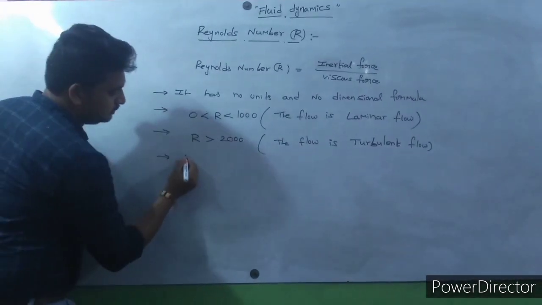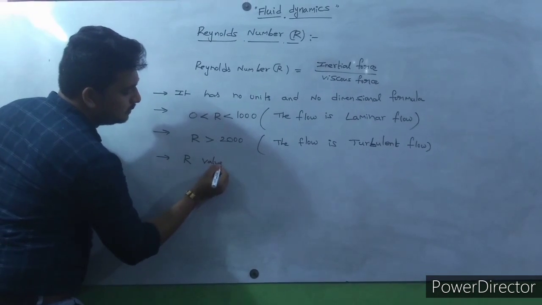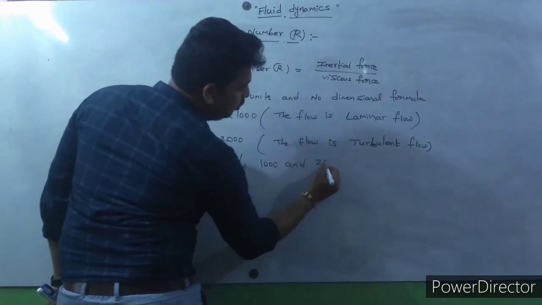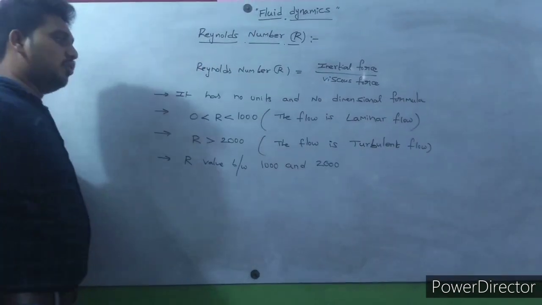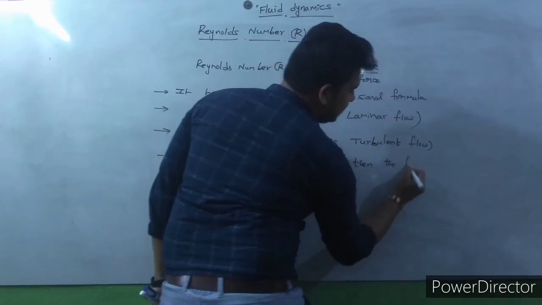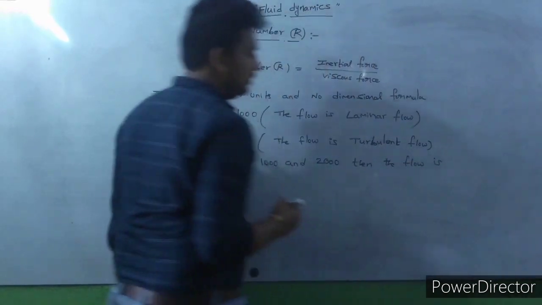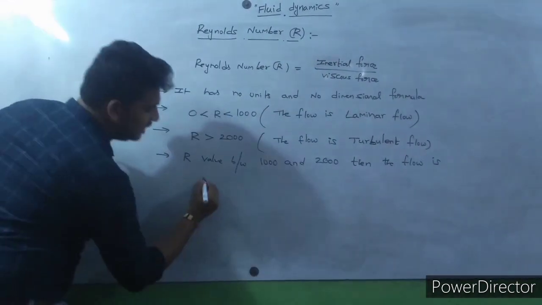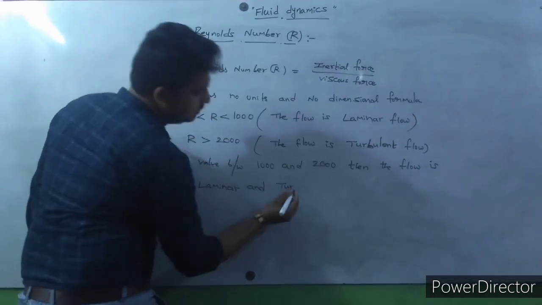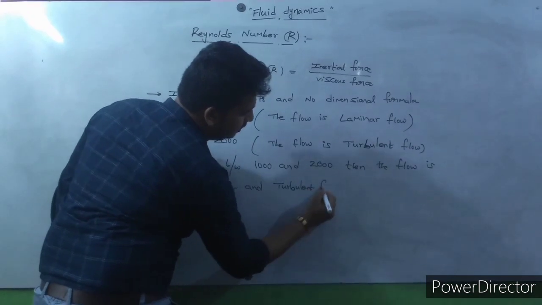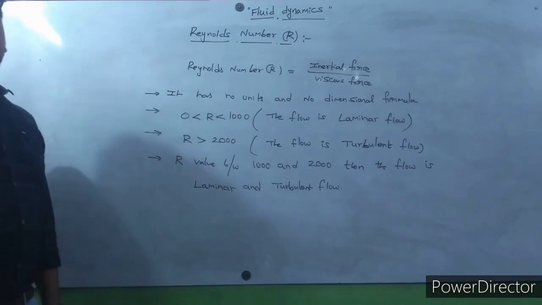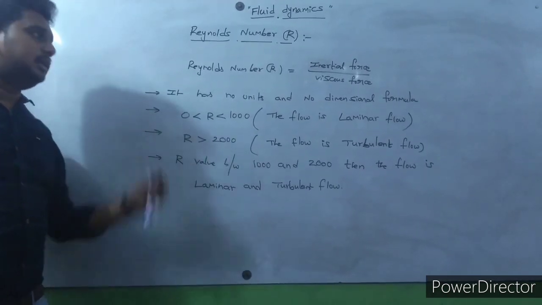Reynolds number R value between 1000 and 2000, then the flow is laminar and turbulent flow.